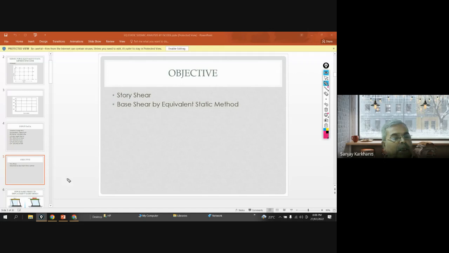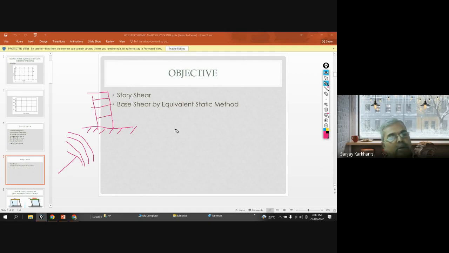And what action are we actually finding out in this case? Earthquake activity. Okay, so this is the earthquake activity and this is your structure. A structure is responding to this activity by vibration.